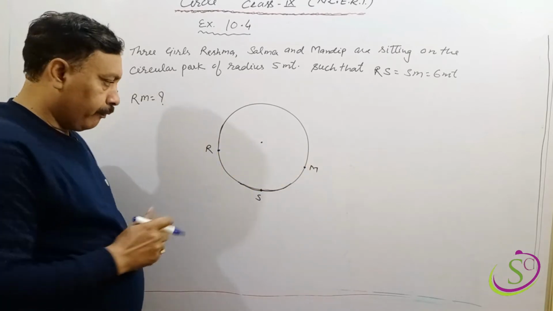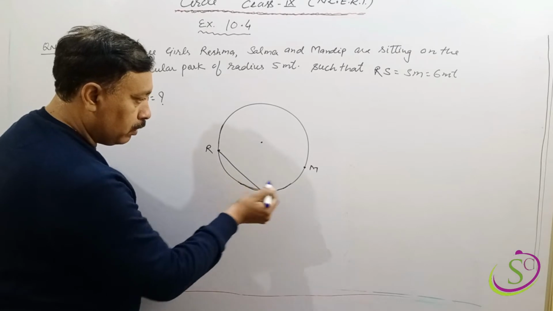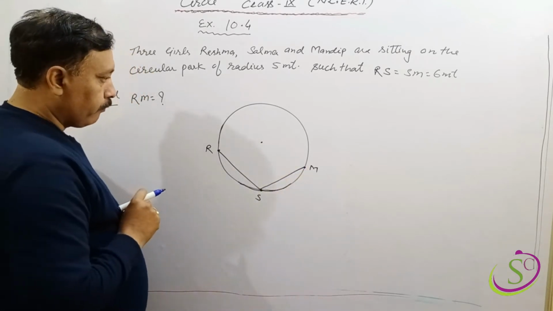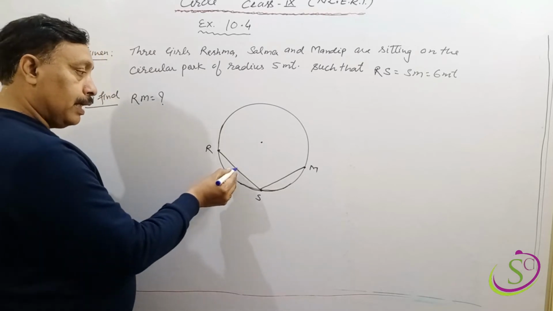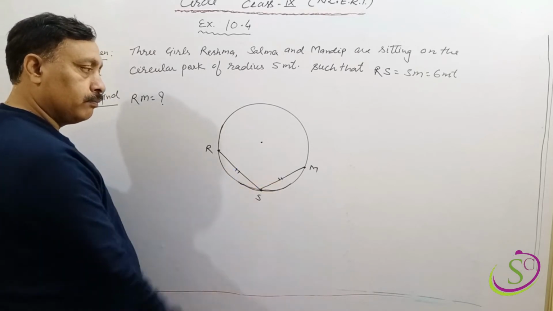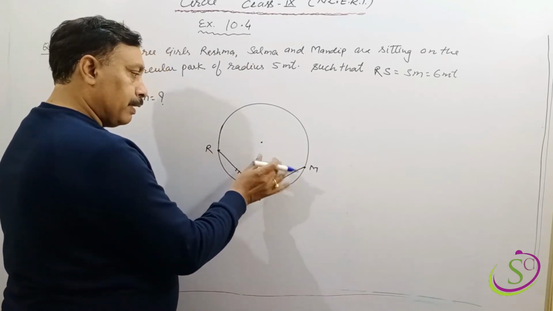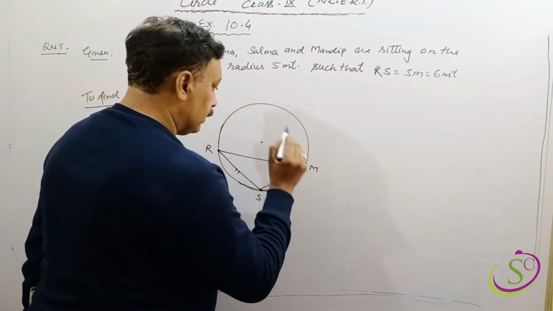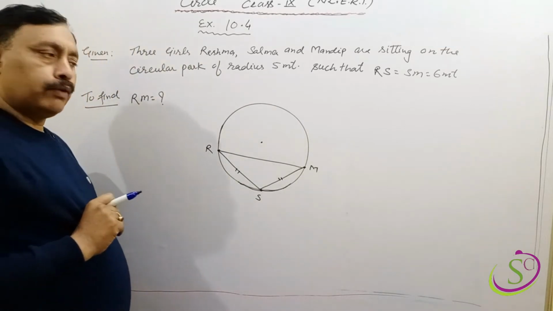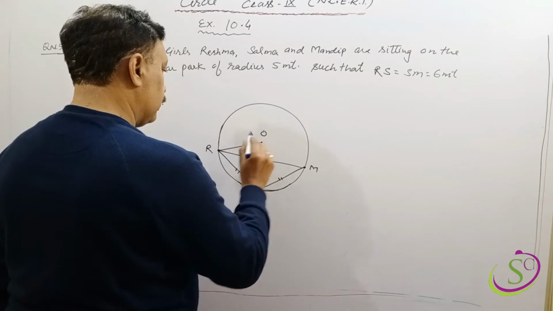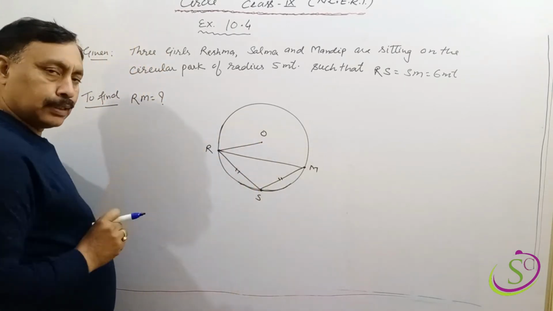Clear? Okay. So this RS and SM both are equal, and we have to find the distance between Reshma and Mandeep. Means this distance we have to find, and this is OR. This is the radius of the circle.